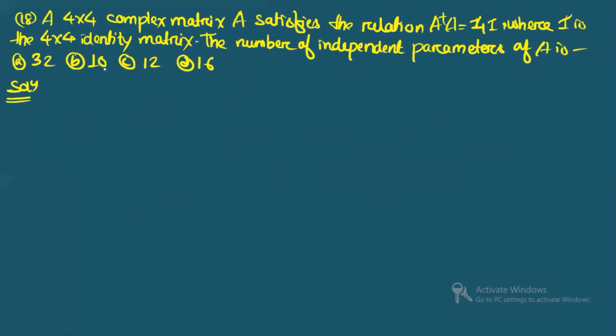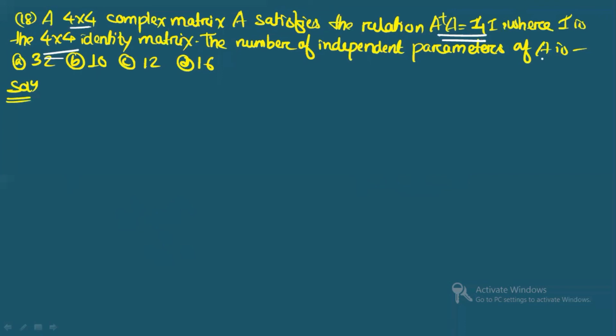Here it is said, a 4 cross 4 complex matrix A satisfies the relation A dagger A equals 4I, where I is the identity matrix. So the number of independent parameters of A is what? You have a 4 cross 4 matrix A which satisfies this relation, I is the 4 cross 4 identity matrix.